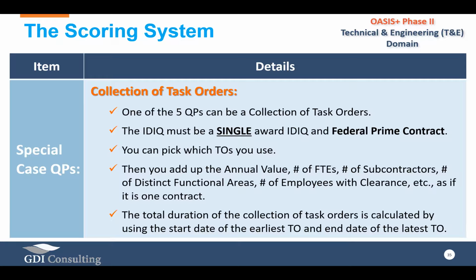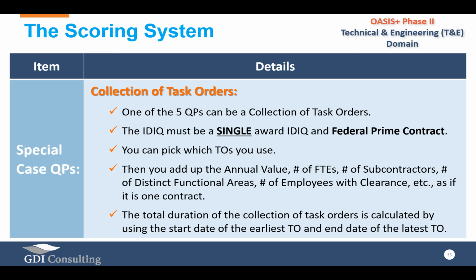So let's take an example of, say you have a single award IDIQ. Task orders all have annual values of, say, $100,000, $80,000, $120,000. So you can't use them, because if you remember, the annual value has to be above 500K. But you can bunch up together 5 or 6 of these task orders to get above 500K, bunch up the number of FTEs, bunch up the number of subcontractors, so on and so forth, and get points for them.